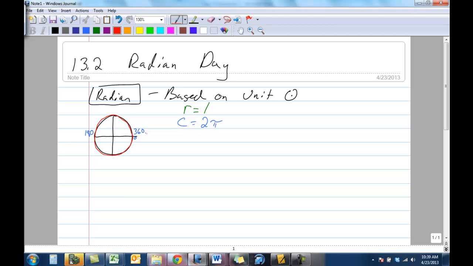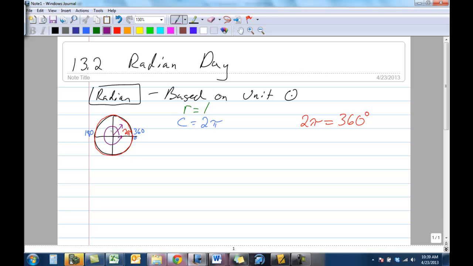The entire circumference would be 2 pi. All right, so 2 pi is the equivalent of 360 degrees. It's just measured differently. Rather than an angle going around 360 degrees, we're just talking about the circumference of the circle.